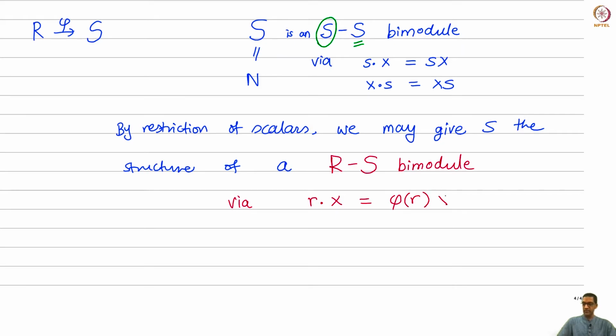You act by phi, you will get an element of S and you make that element act as it is. And what's the right action? Well, that's as before, that I'm not changing. Okay, so this is now for all r in R, for all s in S. So this is how I make it into a bimodule, an R-S bimodule.